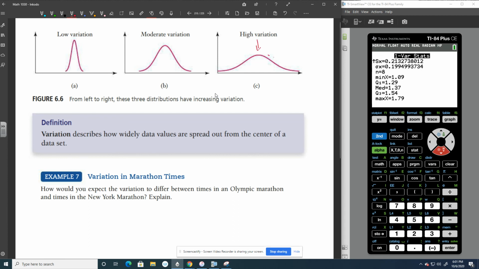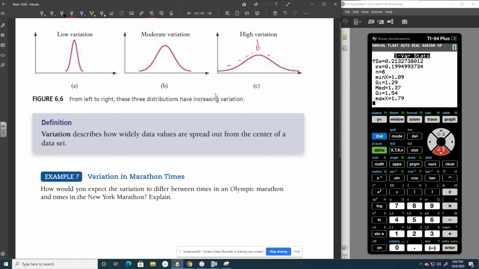The data gets spread out over a large distance to the left and to the right. And then moderate is just kind of average. The data is kind of clumped, but then it kind of spreads out somewhere in the middle, right? So the variation describes how spread out the data values are from that center.